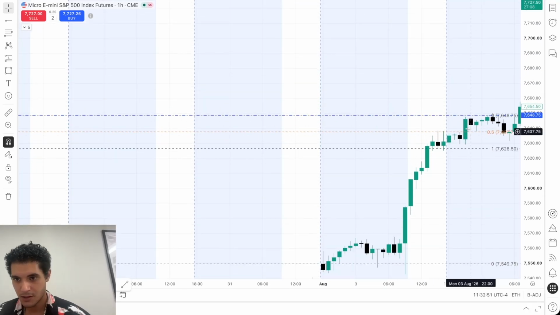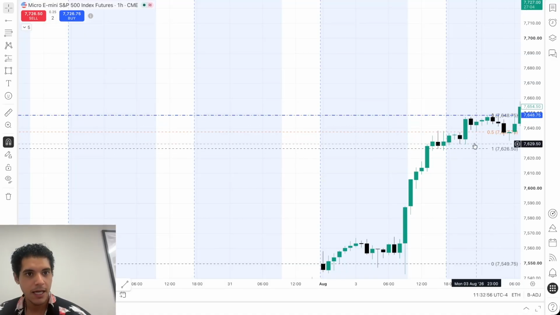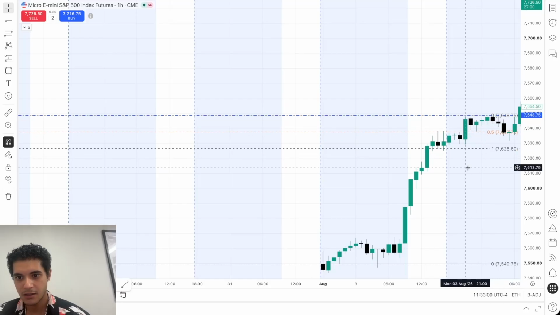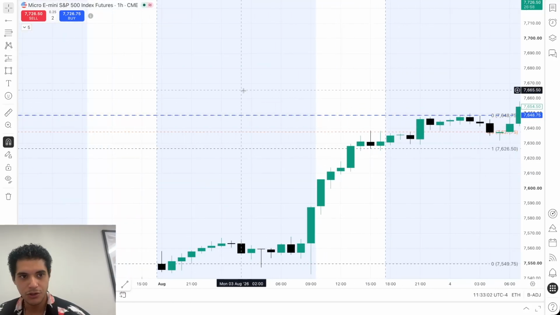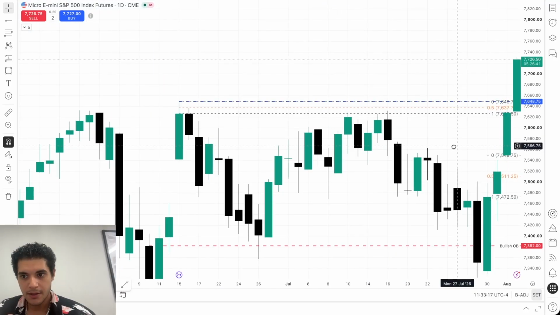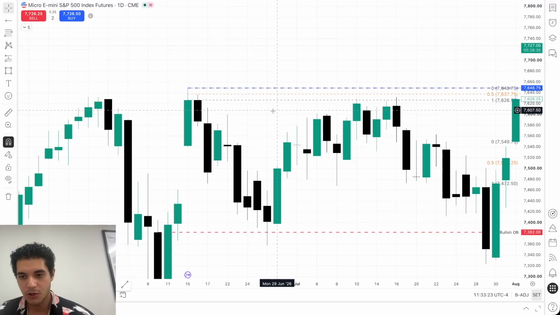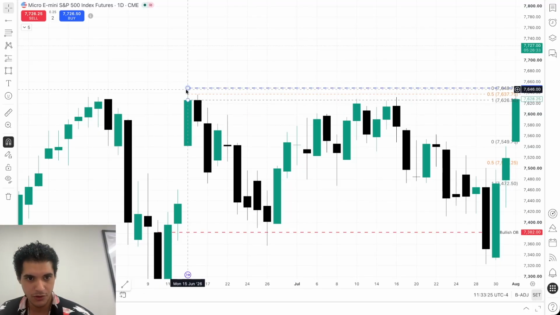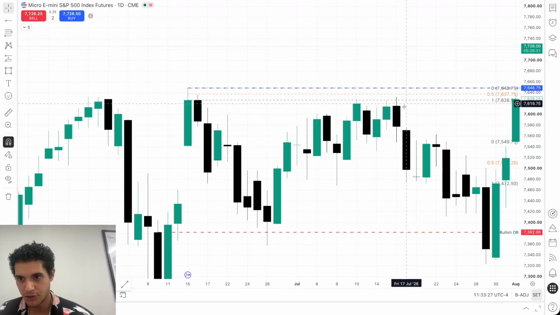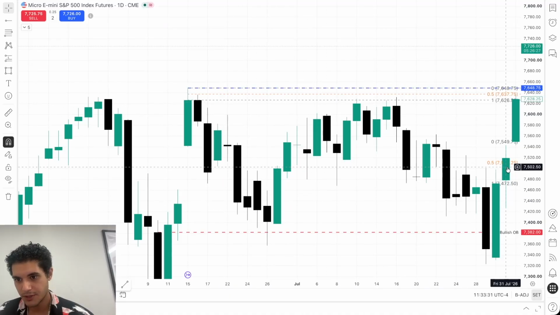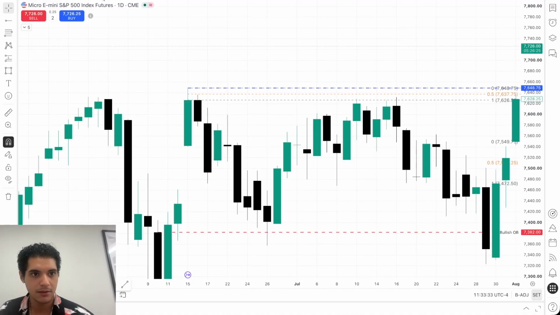But again, if you're focused on today's price action and you're expecting prices to move higher, then I will show you what to look at. Before we go into the 1 minute time frame or the smaller time frame, just note this wick high by the blue dotted line, the wick, this volume imbalance.